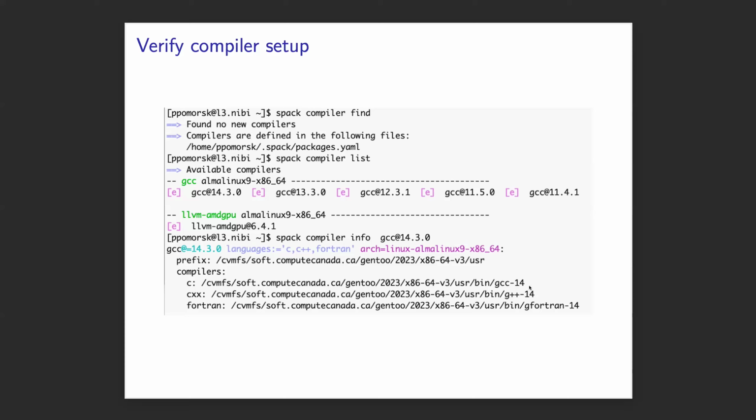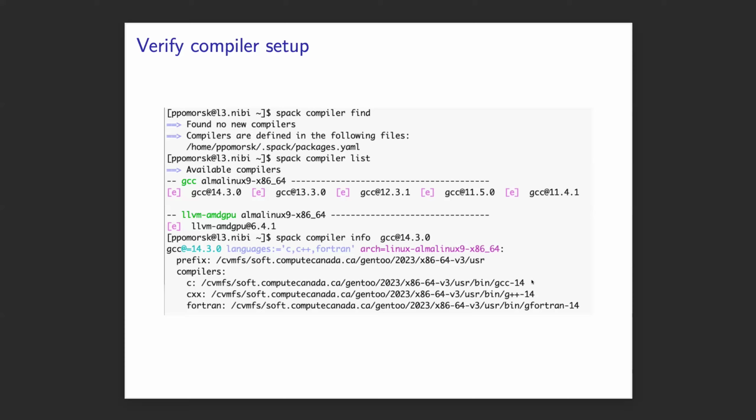Now, this might work in some cases, but some Spack packages expect the compiler to just be called gcc. And so you might want to edit the packages.yaml file, and you might want to point it to the actual gcc compiler for that particular version, which is just located in a different location. So you just need to change the location.